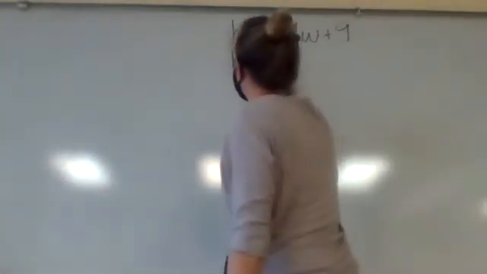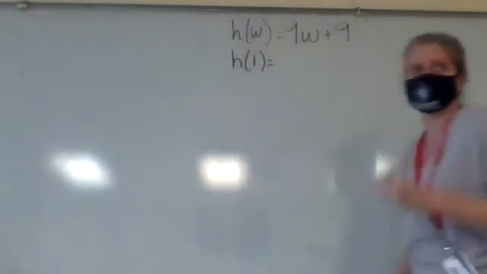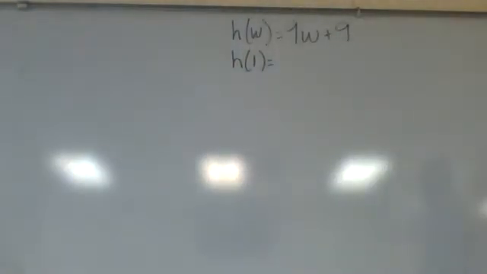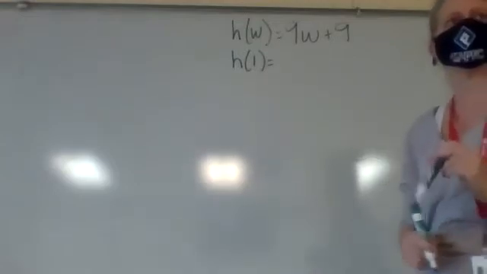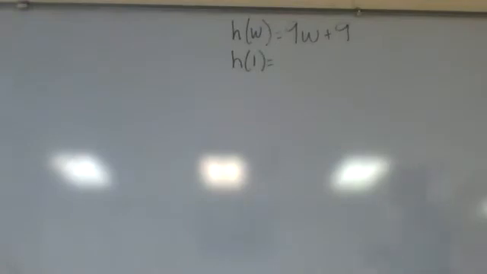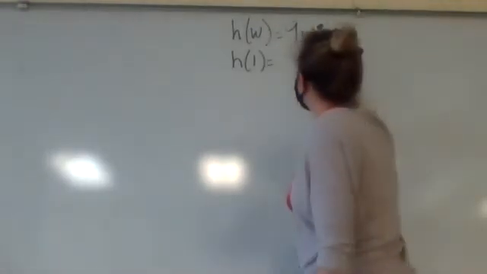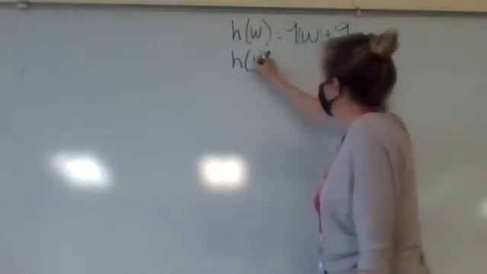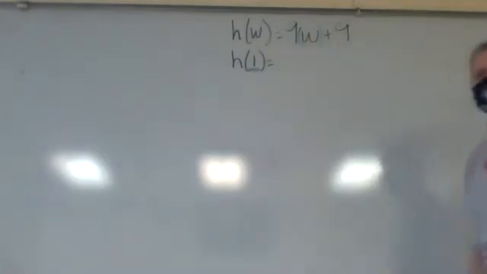Let's see, the first thing it wants me to find is h of 1. So again, the letters have changed and everything. The routine is the same, right? Math is just learning routines. So I'm going to replace this w with whatever's in the parentheses and then do the math.